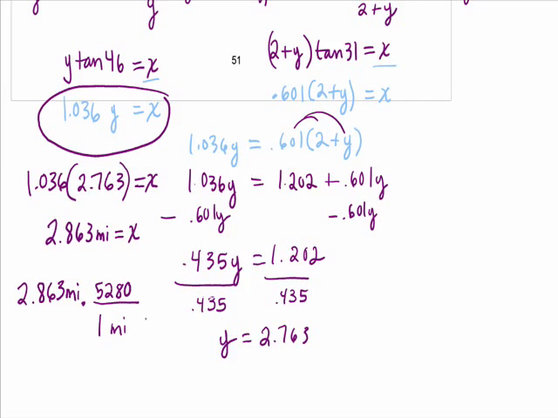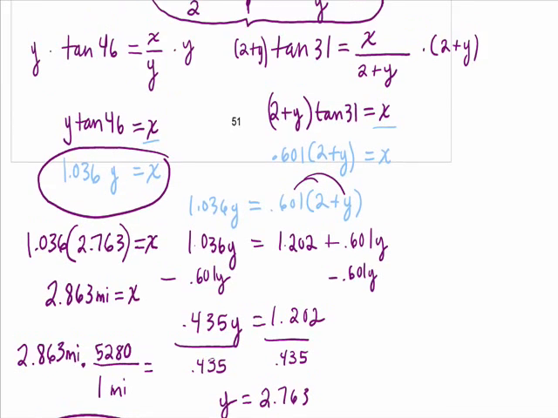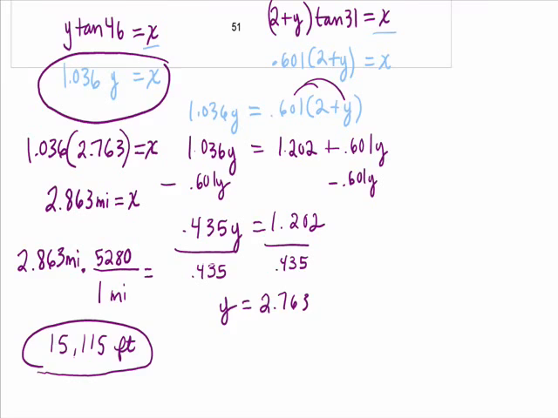So what is 2.863 times 5,280? 15,115 feet. And once again, depending on where you rounded, your answers might vary a bit, but as long as you show work, we'll be able to figure out what you got. Wow, that was quite the problem. It was. All right.